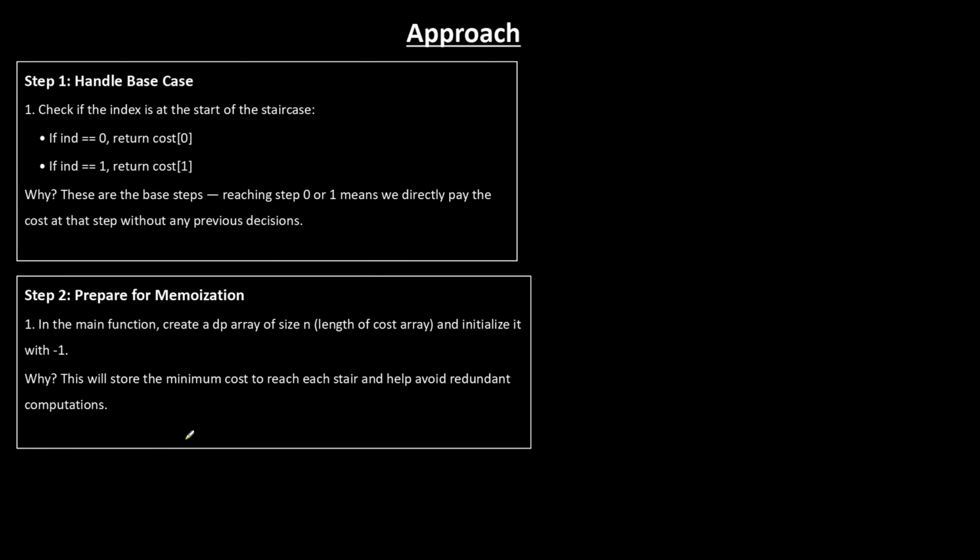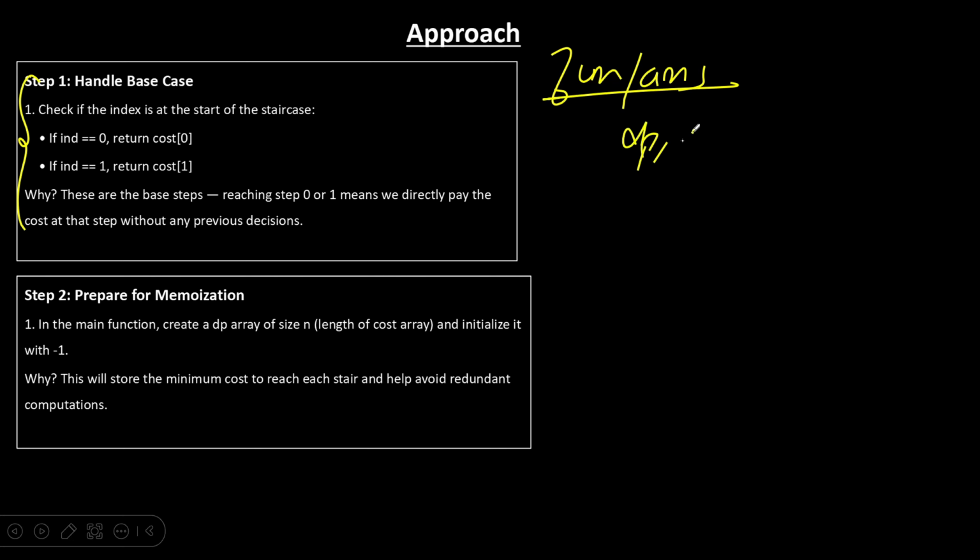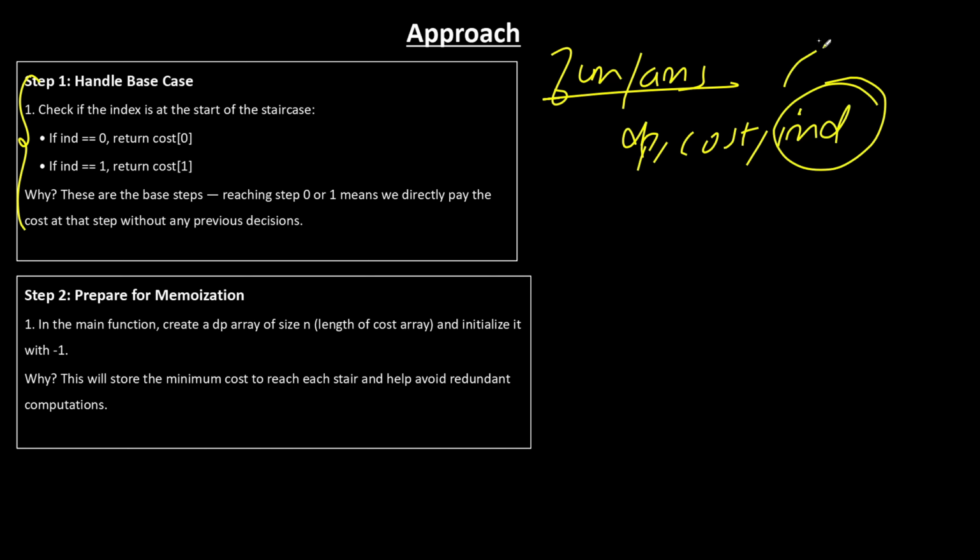Now, since we got the intuition of the problem, let's look into the approach of how we're going to solve it. Let's start by handling the base case in the recursive function, fun or answer, whatever name you give it. If you remember, we were passing dp, cost, and index. This index starts from n minus 1.